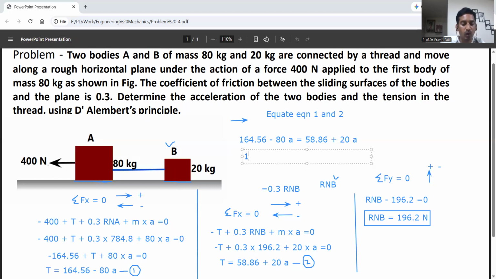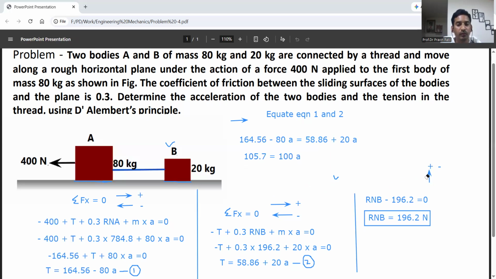That gives 105.7 is equal to, now the a terms you have to take to the right side. This minus 80a goes to the right side, so it will be plus 20a plus 80a, that is 100a.